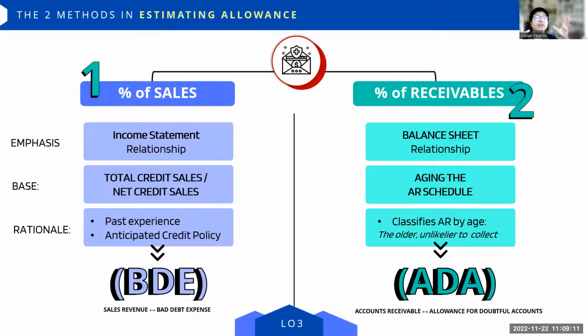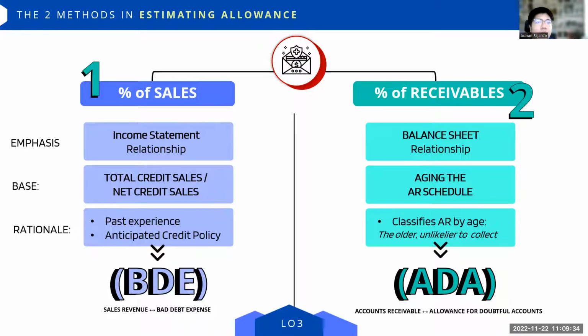So because of your past history, roughly 30% of your sales would be bad debts expense. So ganun yung basis of percentage of sales. In year 1, may X percentage of sales. In year 2, X percentage of sales. And then you see a trend. And that's where the number will come from.